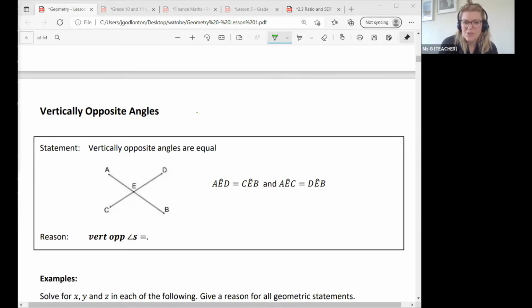I'm going to give you 2 more minutes just for the latecomers to make sure that they get this in their books, and then we're going to start with vertically opposite angles.